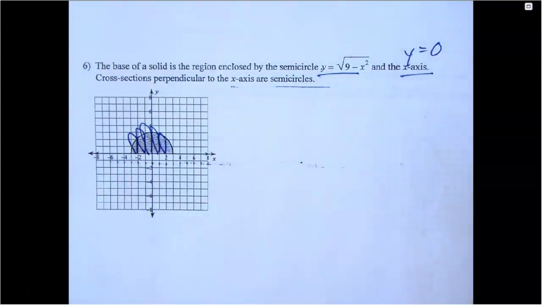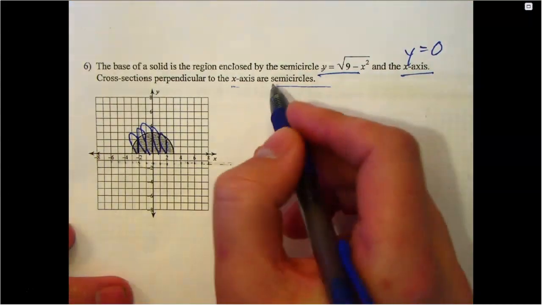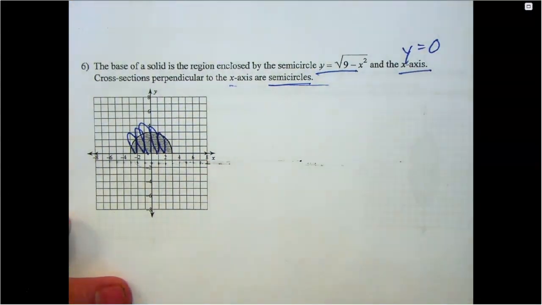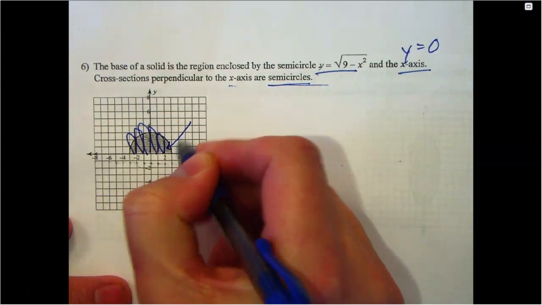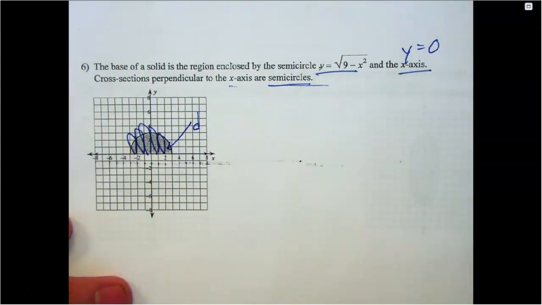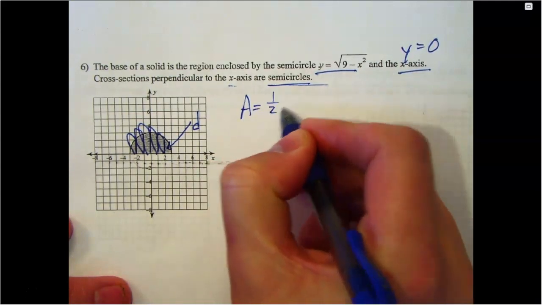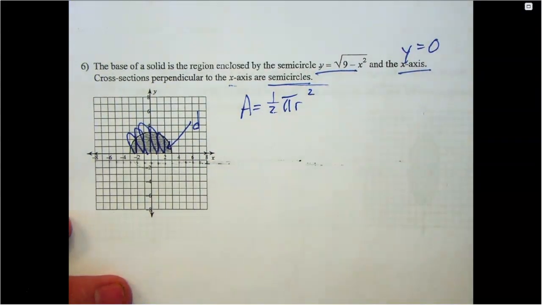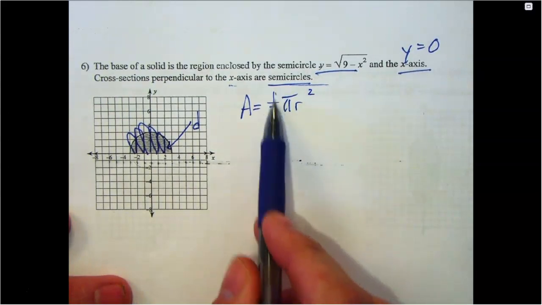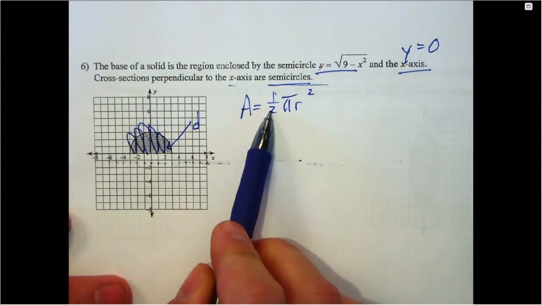Okay, so what is the area of a semicircle? Keep in mind that distance is the diameter, not the radius. So a semicircle is 1/2 pi r squared, and this half comes from the fact that it is half a circle.